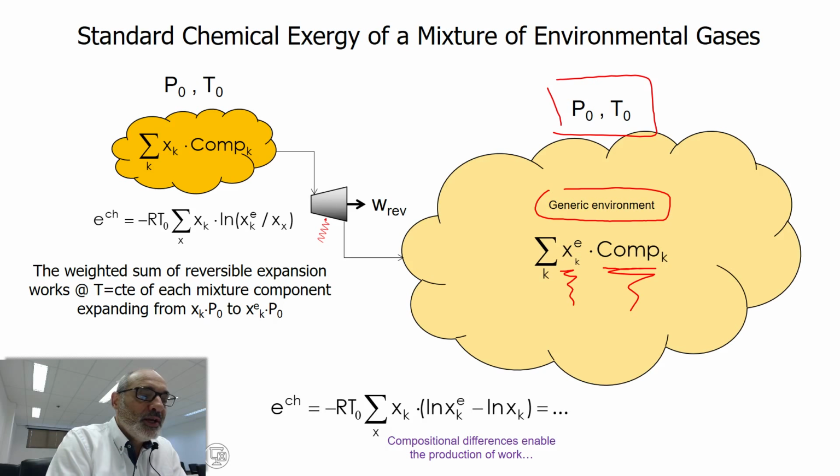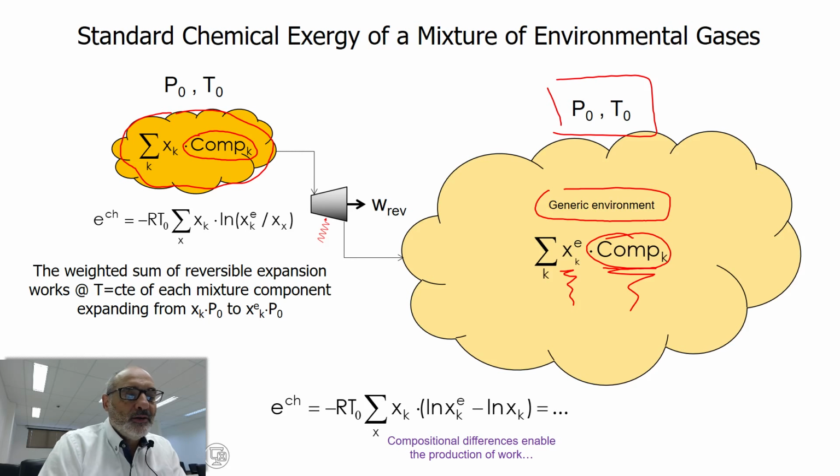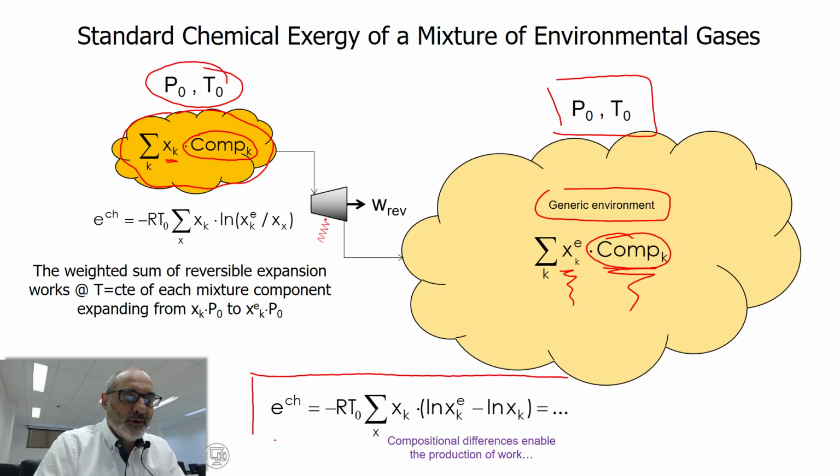Also if I have a mixture of gases here, of the same gases, only the molar concentrations are different, because total pressure and temperature are also the same. So when we do the calculations, we get this formula for the chemical exergy.